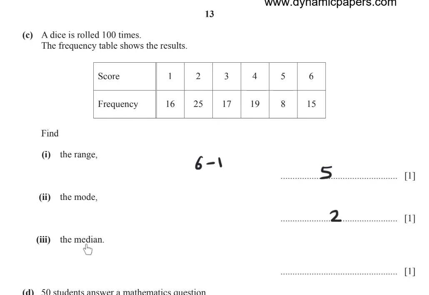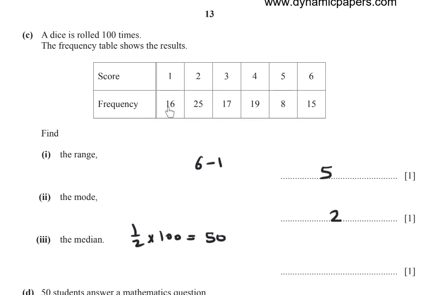The median, the middle value: we have 100 throws. To find the order of the median, 1 over 2 times 100 equals 50. Now if we write the cumulative frequency, it will help.